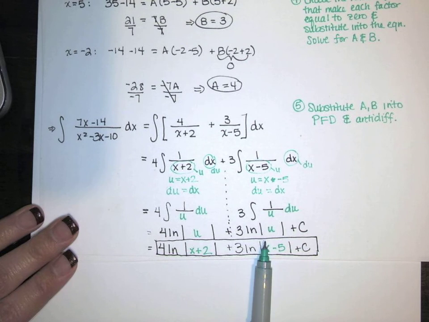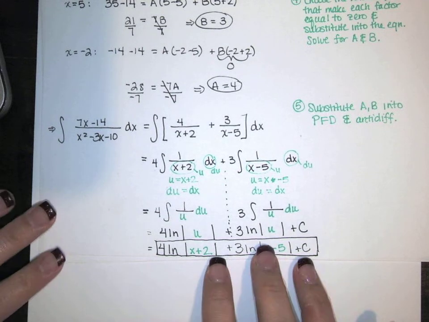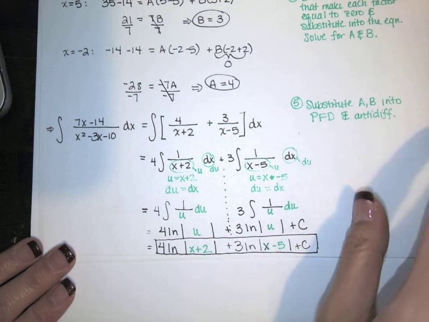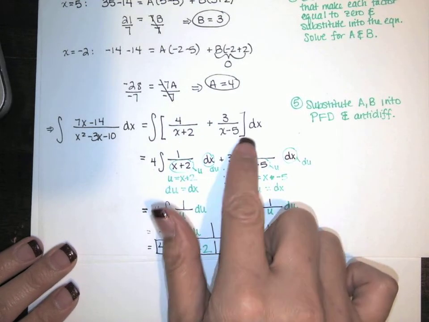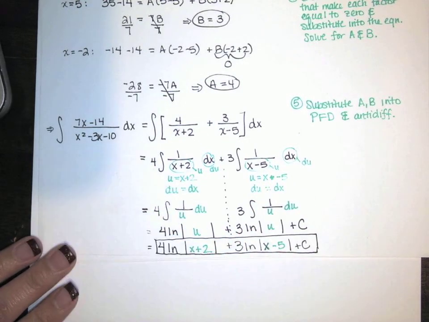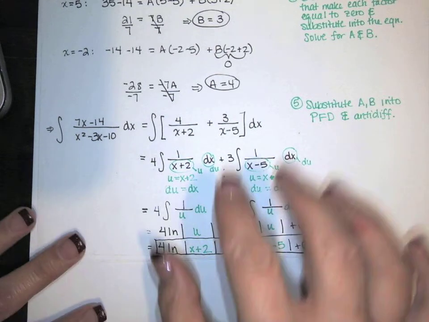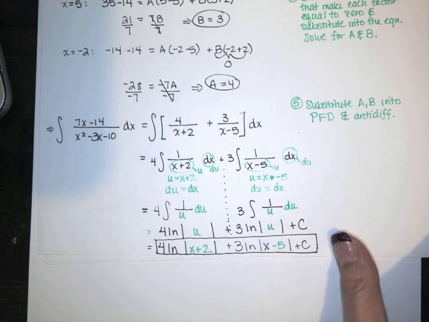Now, there's just a little bit more algebra that we can discuss to show that our answer is equivalent to other answers that may be in the back of the book, and to show that our PFD actually did give us what it was supposed to. This is supposed to be equal to this if we've done everything correctly. So I'm just going to check our work on the next page, but if you want, you can stop here. We're done with the partial fraction decomposition part.